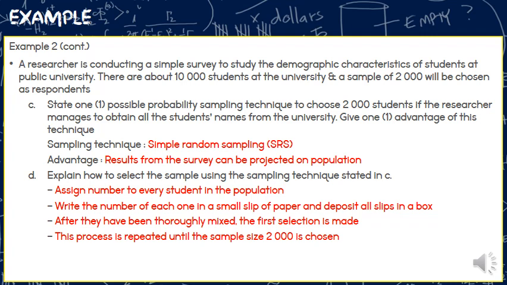Next, dia tanya, state one possible probability sampling technique to choose 2,000 students if the researcher managed to obtain all student names from the university. Give one advantage of this technique. Now, since dia simply kata ada 10,000 students, dia tak kata student ni dibahagikan kepada program ke, kepada diploma degree ke.